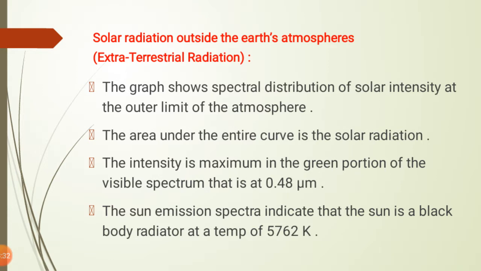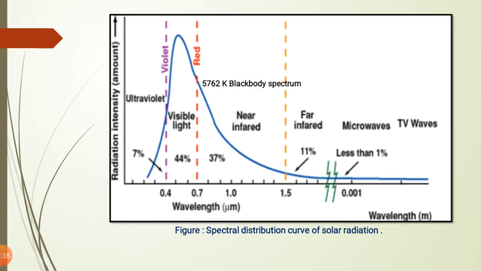If we see the graph, there is a maximum in the wavelength range 0.4 to 0.7 micrometer, and the radiation intensity is highest for the green color of the visible light, which lies between violet and red. At 0.48 micrometer we get a sharp peak, the maximum radiation intensity, for the green color of the visible light.